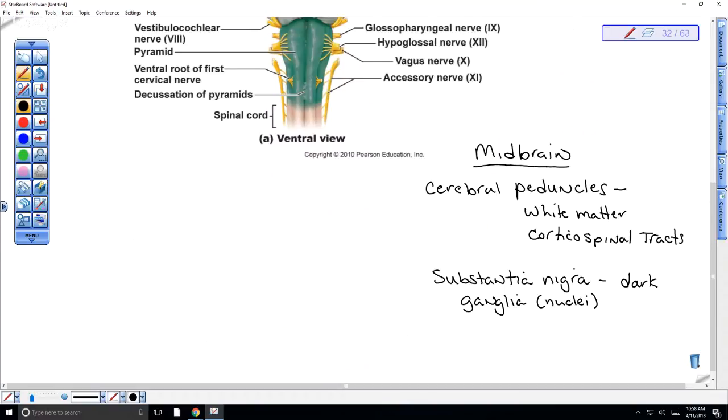Right? So it's dark. But just think of it as an aggregation of nerve cell bodies. The reason why they are dark is that they have lots of melanin. This is the pigment that gives our skin its color, the pigment that gives our hair its color. And the melanin is converted into dopamine. The substantia nigra is responsible for motor coordination.